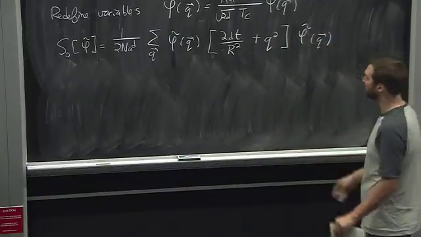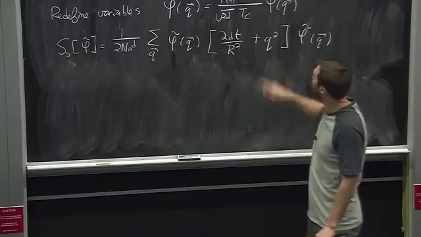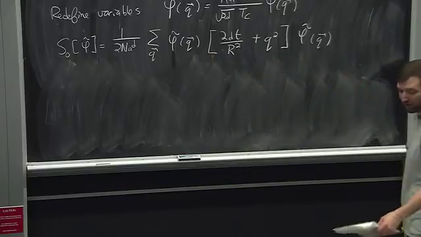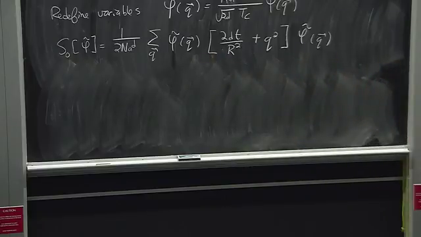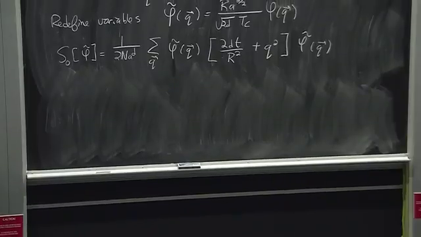Okay, so I have a piece here plus a q squared, and that's the piece that I'm going to call just some parameter r. It changes sign with t.